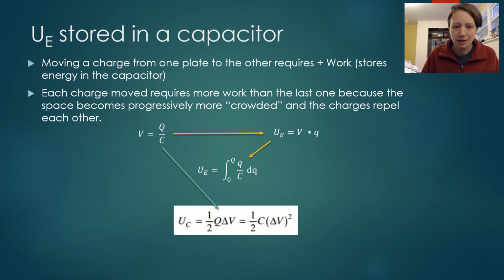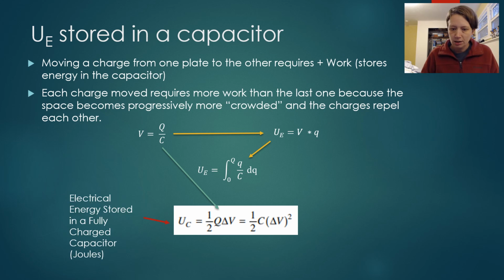You can also take that original V equals Q over C and substitute in for the Q in that equation algebraically. That gives us the second half of this equation: if I plug in Q over C, then I get 1/2 C times delta V squared.